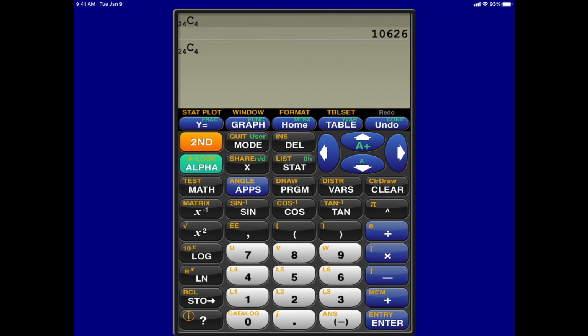Second entry, oh yeah, repeats. Delete, that'll be 3 choose 2. That would give you 3, and then repeat again. So second entry, and then now I'm going to do 21 choose 2. 210. Okay.